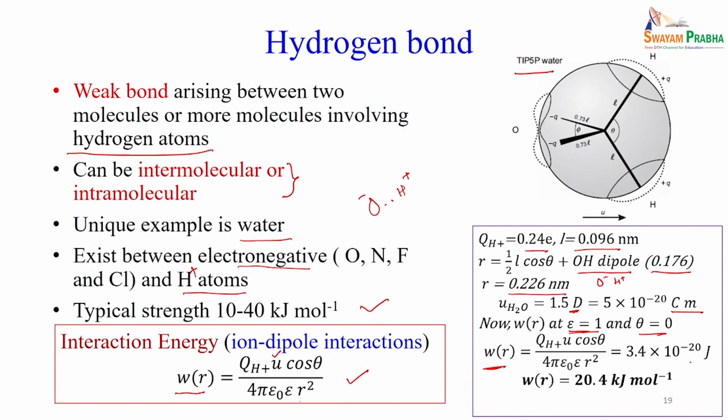And if you convert it in terms of kilojoule per mole, it comes to be 20.4 kilojoule per mole. So this falls in the same range as we discussed: the hydrogen bond energy falls in the range of 10 to 40 kilojoule per mole. So this is like an ion-dipole or dipole interaction that exists between electronegative and hydrogen atoms.